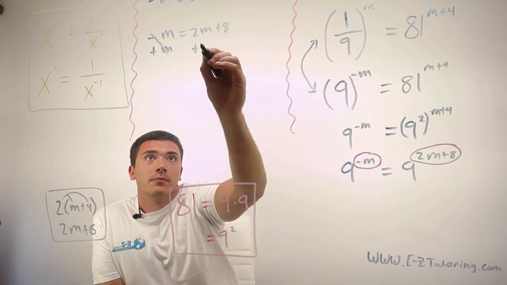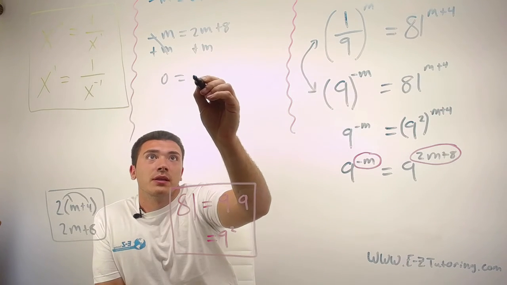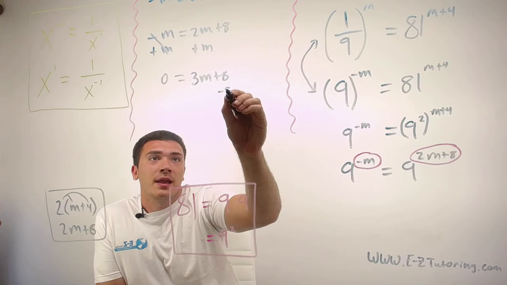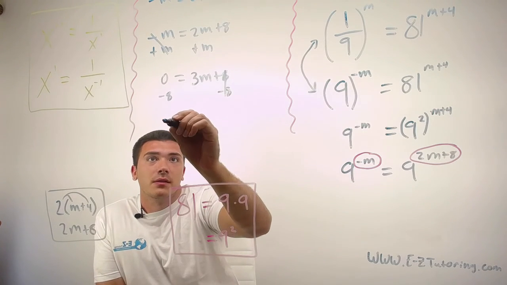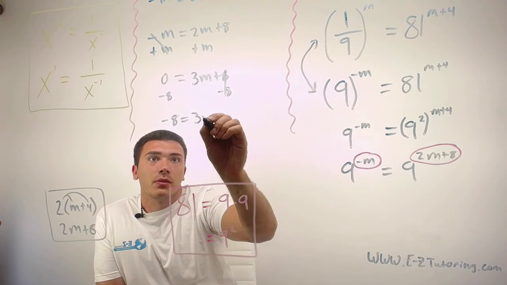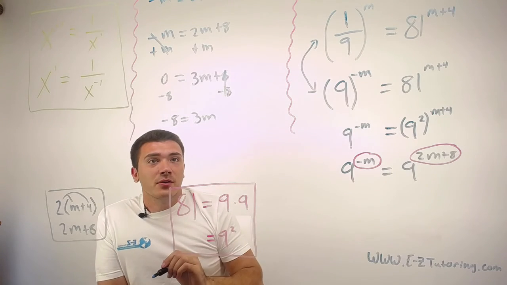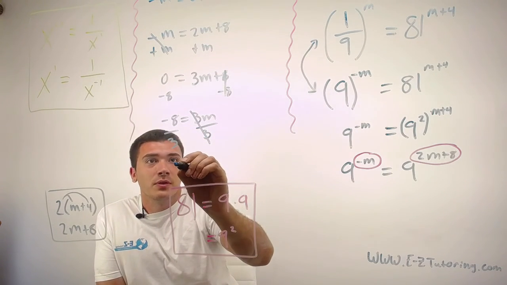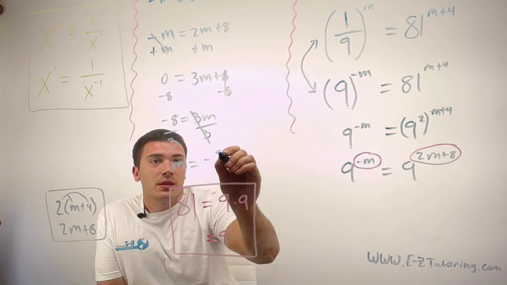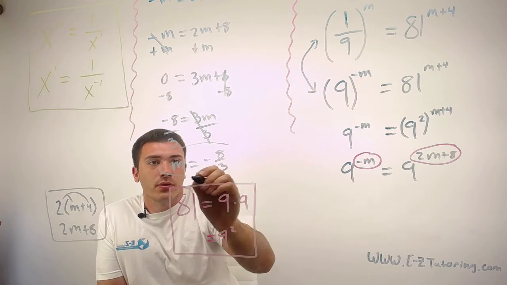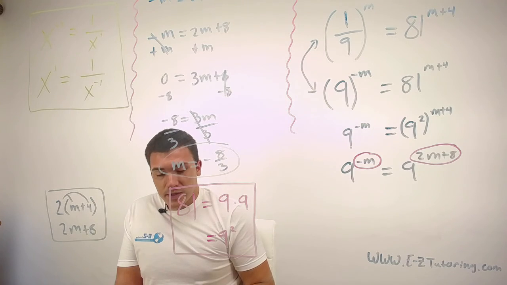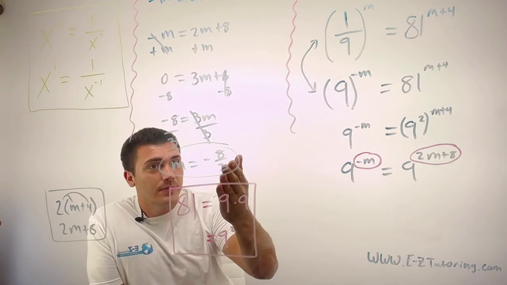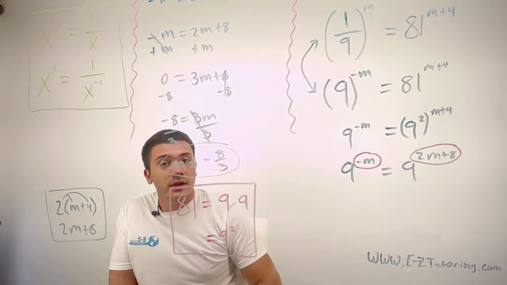Plus m, 0 equals 3m plus 8. Now we need to get rid of the 8, so we subtract 8. Negative 8 equals 3m. If you want to solve for m, you simply divide by 3, and you will get that m equals negative 8 over 3. And then once again, you can check your answer by simply taking this and plugging it in over here, and it will work.